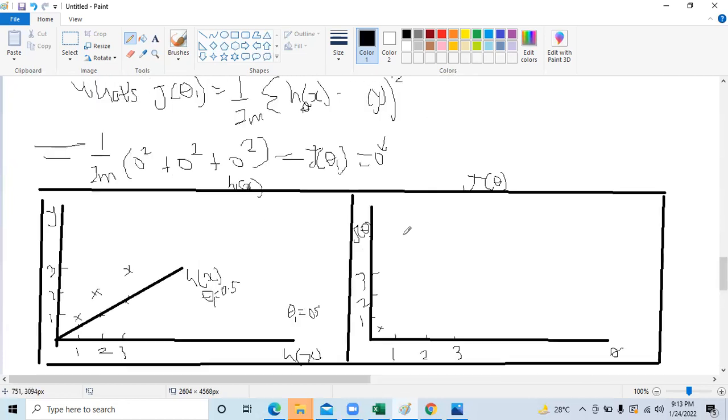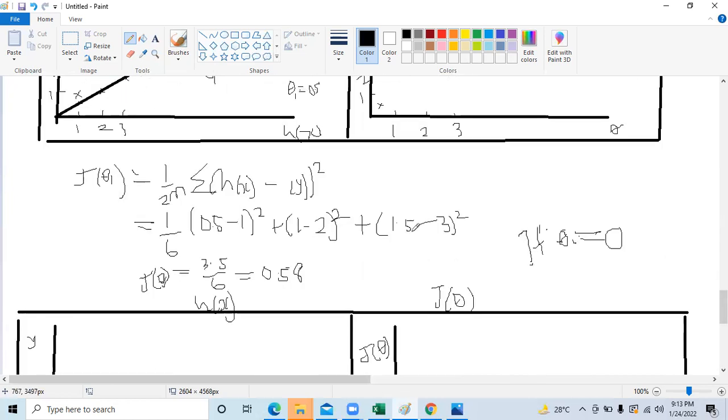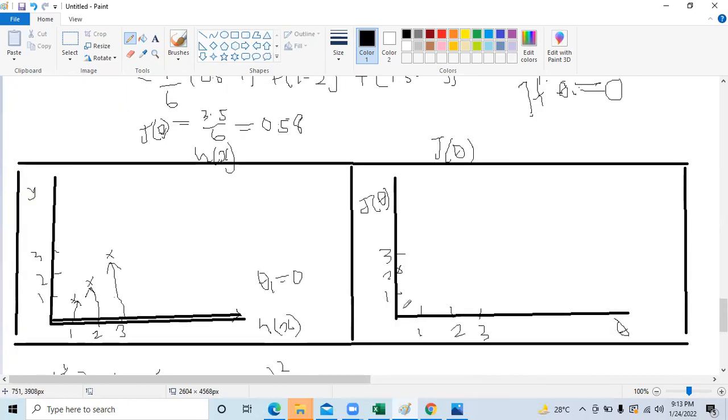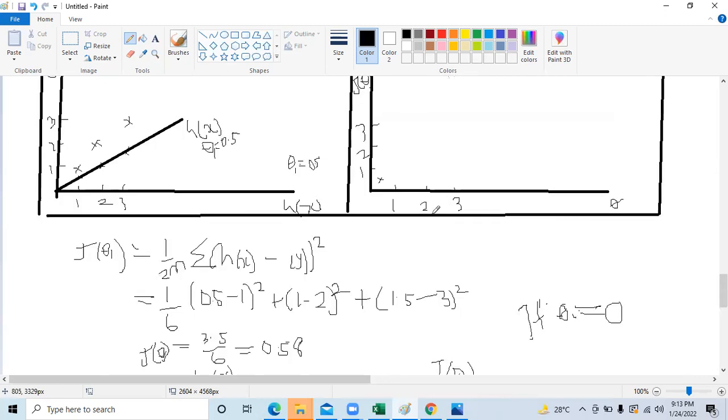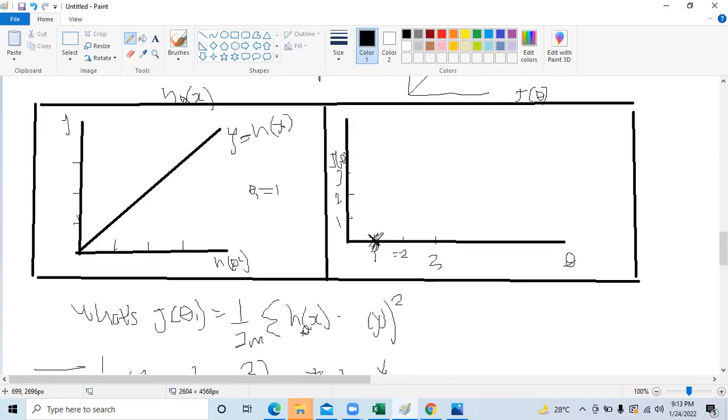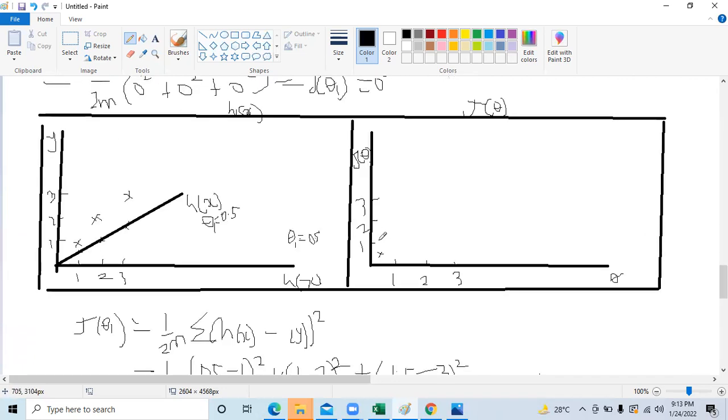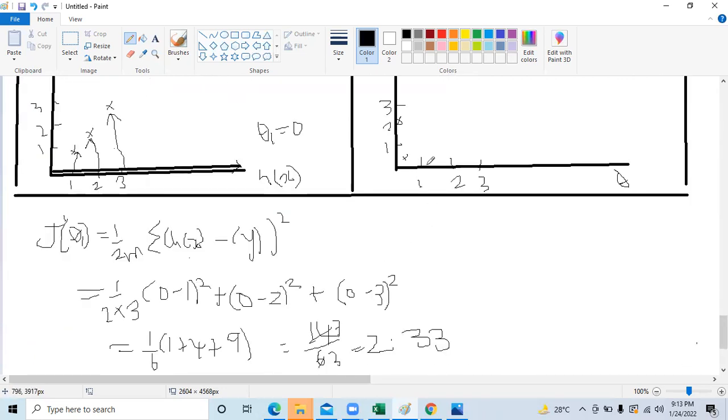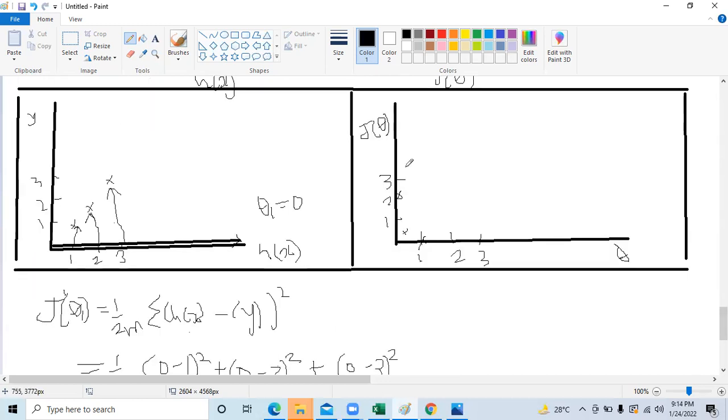Now let's take a combination of all the J theta we've had. Here we had J theta somewhere here, so let me bring it down here, and then we have J theta here at 0. So basically what we have in machine learning is a combination of J theta that moves like this, in this direction.